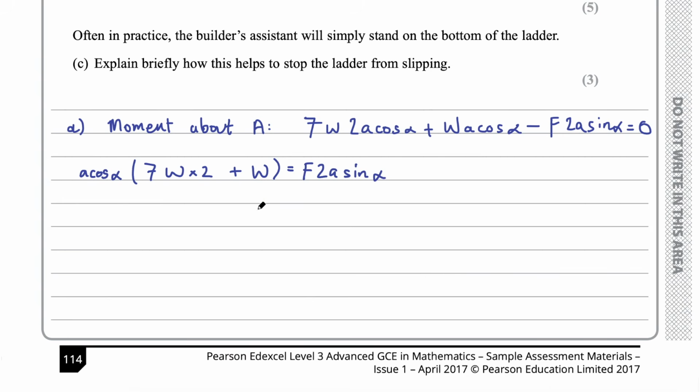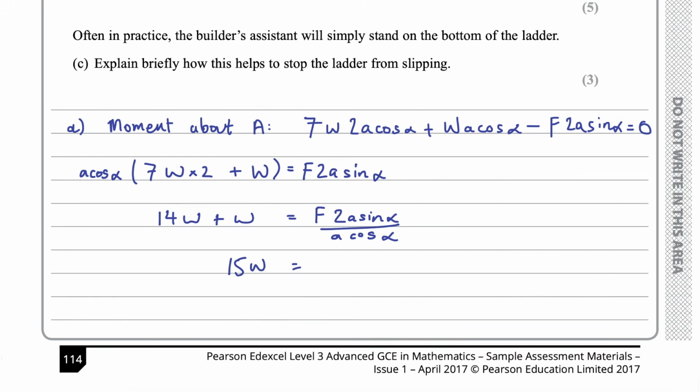Then if I divide both sides by A cosine alpha, I'll be left with 7W times 2 plus W, which is 14W plus W. And on the other side, I've got F times 2A sine alpha divided by A cosine alpha. On the left hand side, of course, I've got 15W.